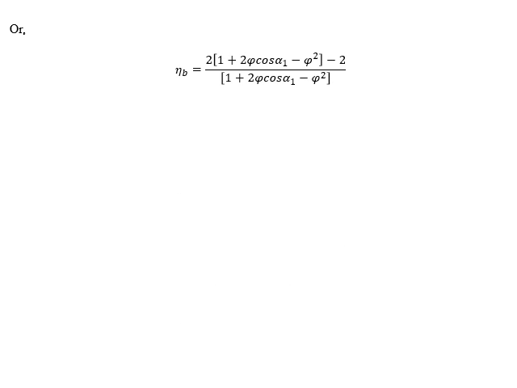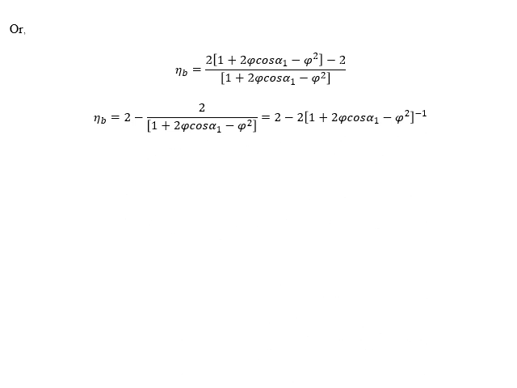Or the blade efficiency can be taken by multiplying and subtracting 2 in the numerator: 2 into (1 plus 2 phi cos alpha 1 minus phi squared), and once again this 2 is subtracted, minus 2, over the denominator 1 plus 2 phi cos alpha 1 minus phi squared.